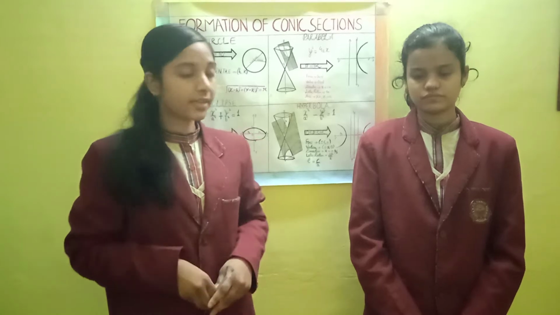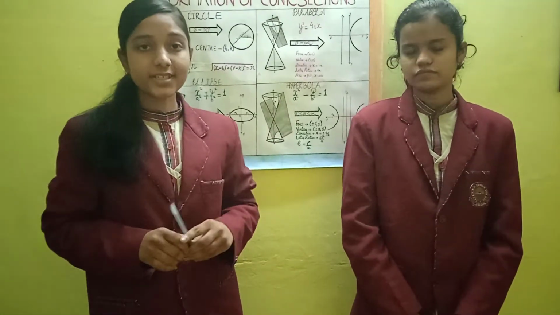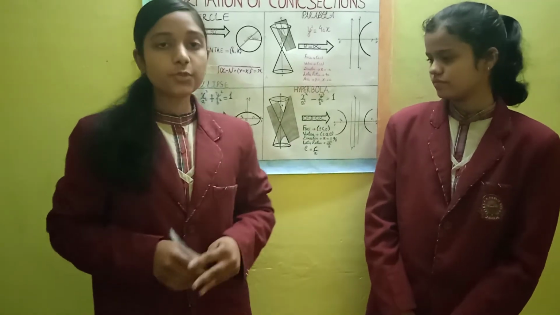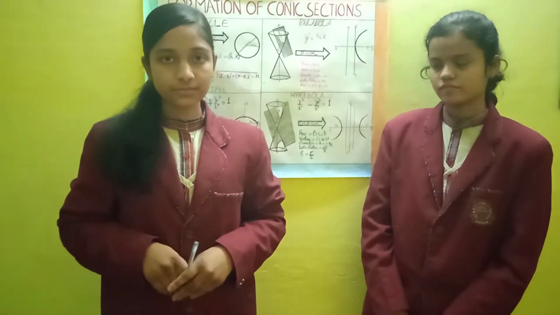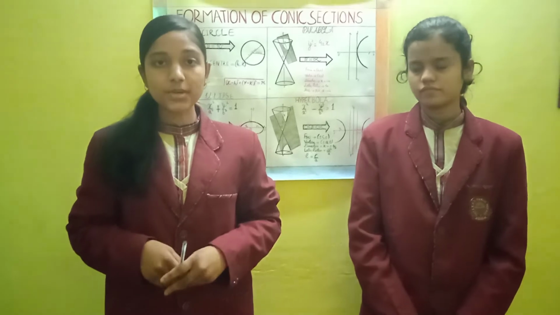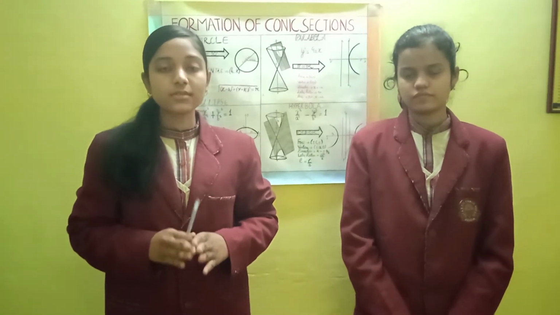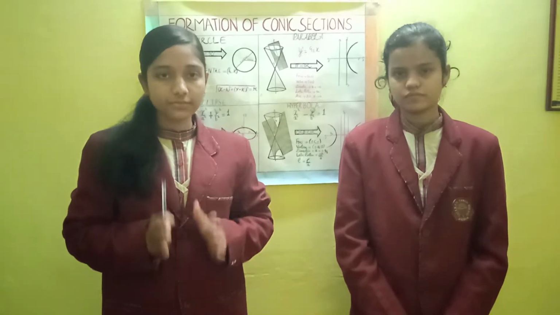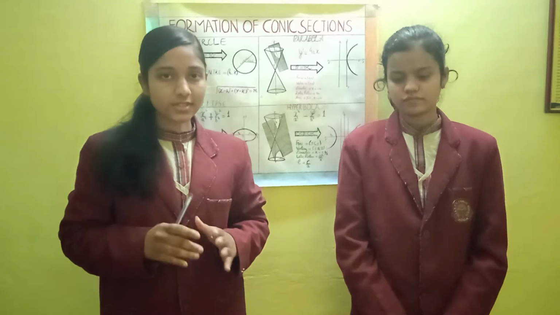Now, the last one, that is the hyperbola. Its equation is x square by a square minus y square by b square is equal to 1. Let's define the hyperbola too. It is a set of all points in a plane whose difference of distances from two different points is always constant.